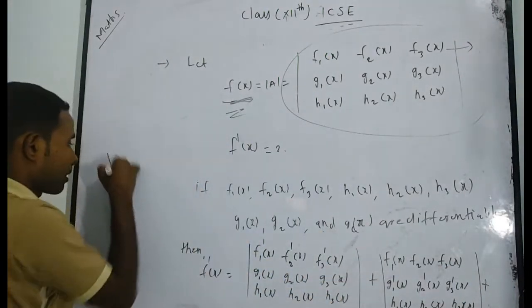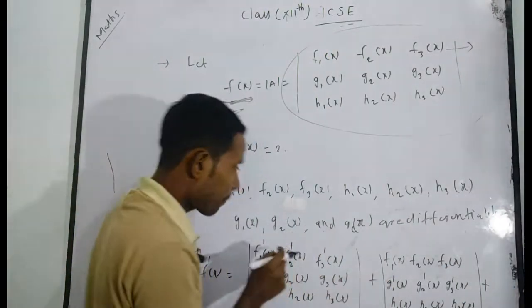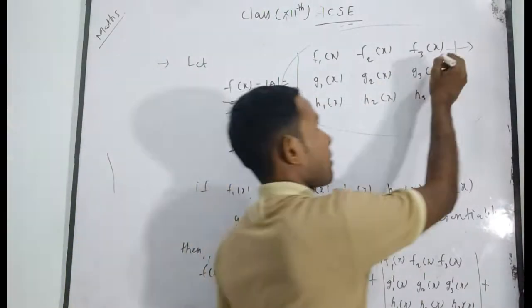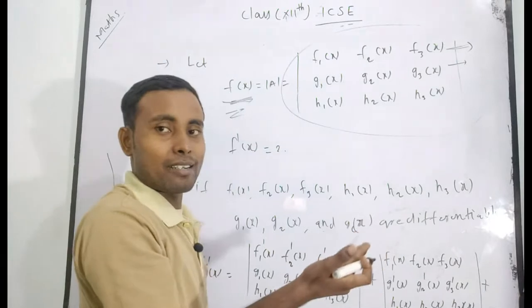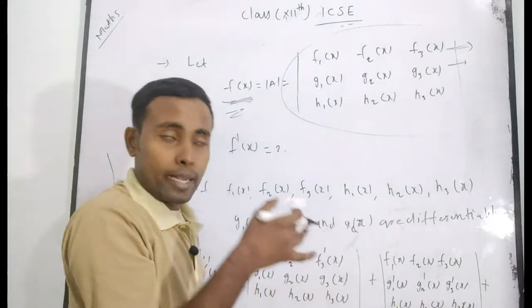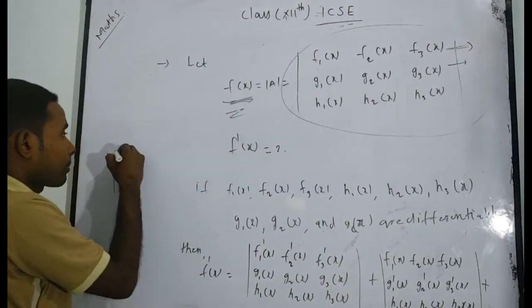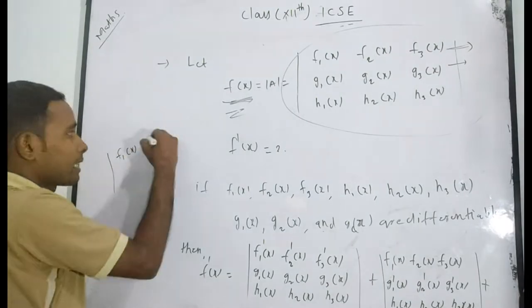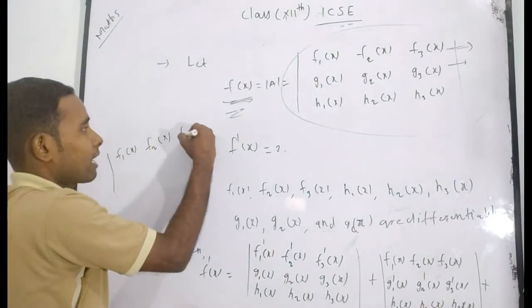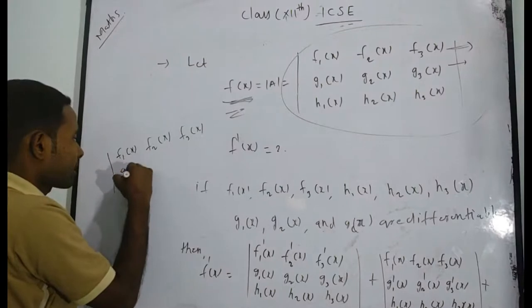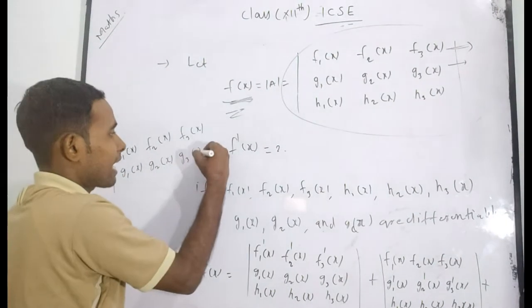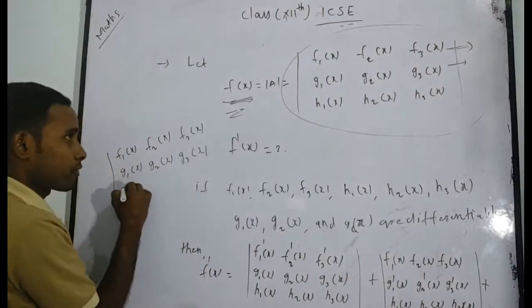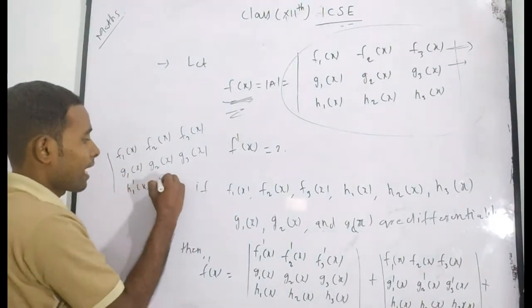See here. Now in the third step you have to take the same first row and second row and differentiate the third row in the determinant. For that, f1x, f2x and f3x are taken constant, similarly g1x, g2x, g3x, and in the final stage you have to differentiate h1 dash x, h2 dash x.